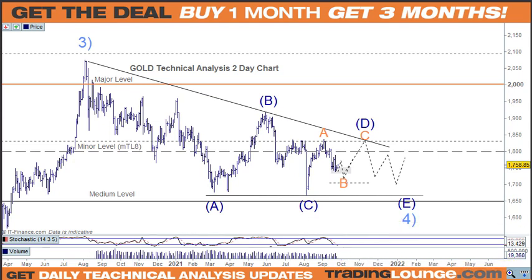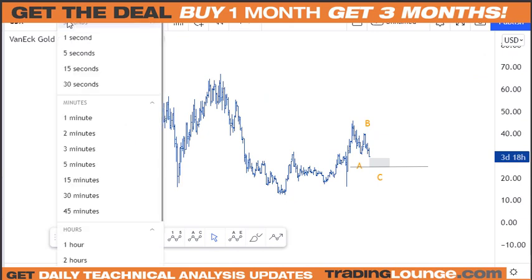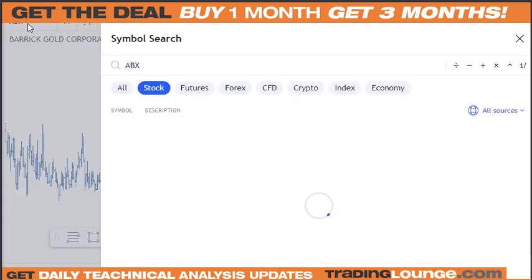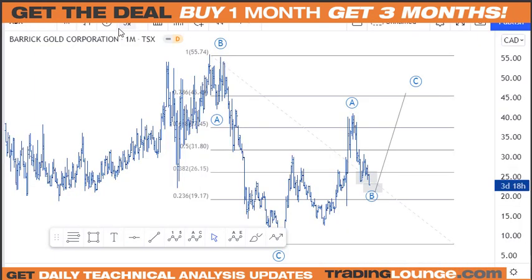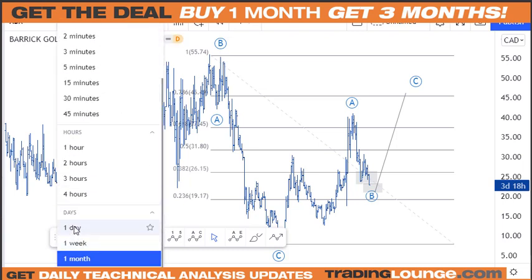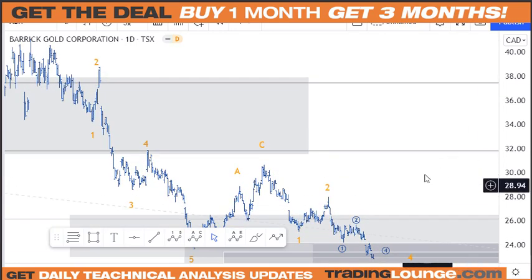And yeah, in terms of time, let's just go back here and check on this again. I want to go to ABX. It just runs a bit truer. Sorry. Just have a look at the days here. I just want to get an idea of when we'll bottom. That will help us with the gold thing.